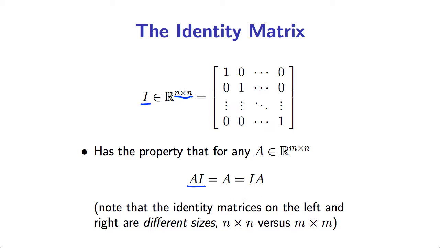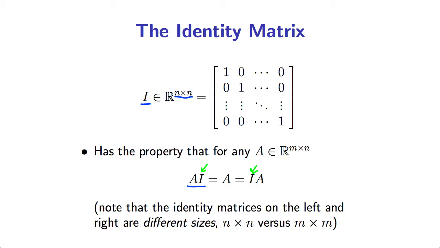Important to note, though, that these two identities, this one and this one, are actually different size matrices. They're different identities, right? Because for matrix multiplication to make sense in this case, this A, remember, is an m by n matrix here. This identity has to be n by n, whereas this one has to be m by m.